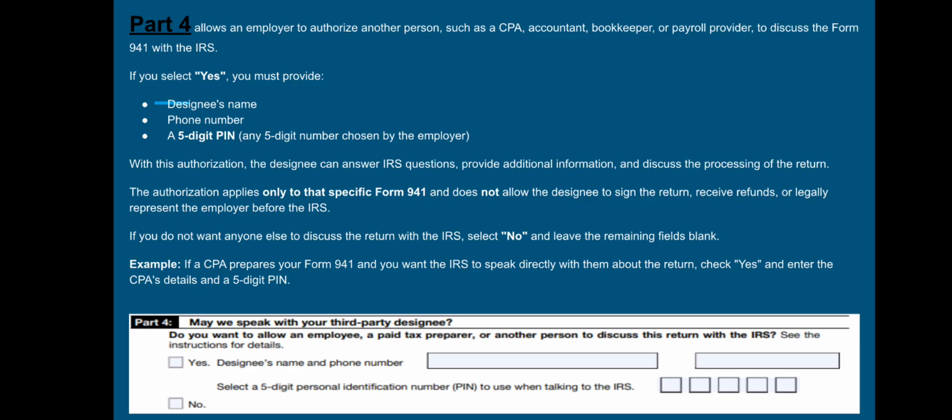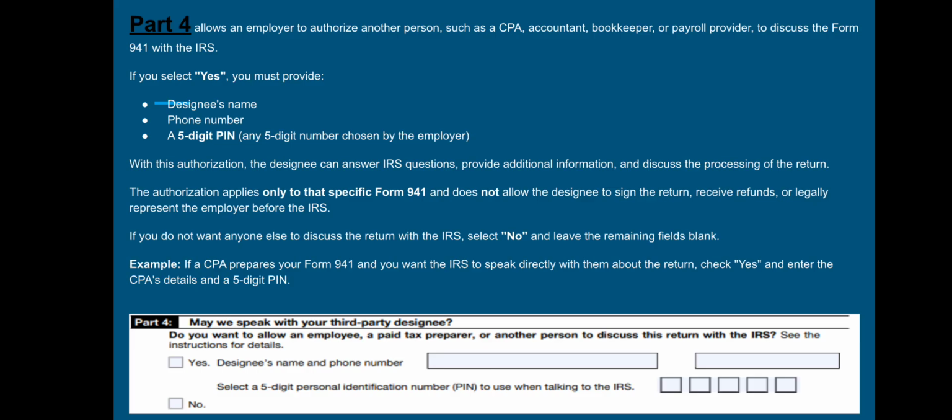For any reason, if you have received a notice from the IRS related to 941, either you can reach out to the IRS department to discuss the matter, or you can allow a CPA to talk on your behalf and solve the issue. So Part 4 is related to that, where the employer authorizes another person such as a CPA, accountant, bookkeeper or payroll provider to discuss the Form 941 with the IRS.